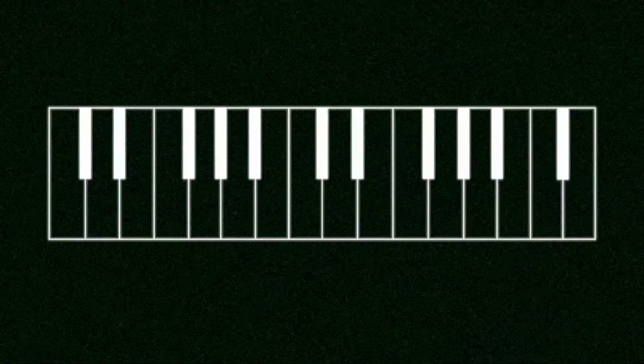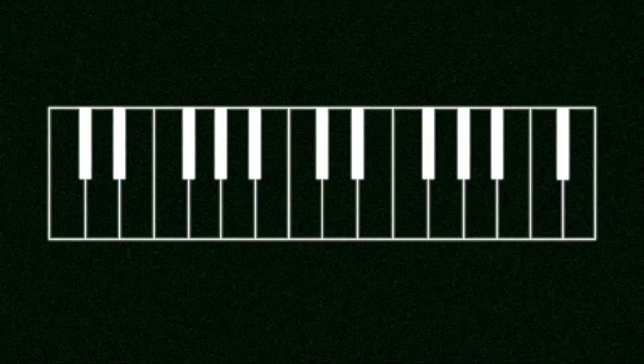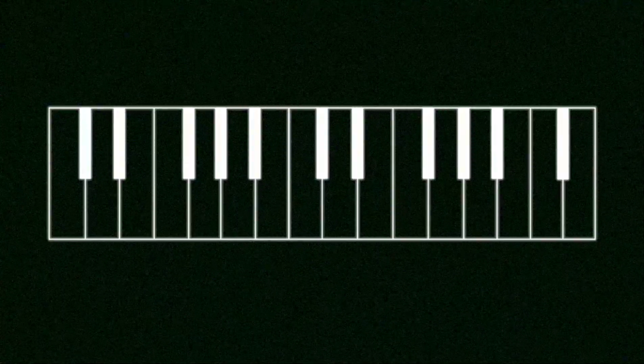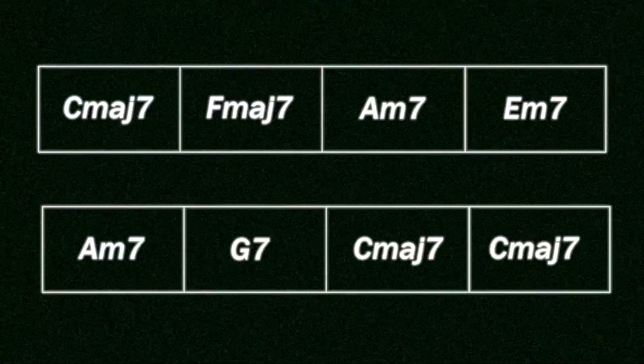Now we know what a secondary dominant is, and how to use one when arranging. So, let's take a look at a chord progression and add secondary dominants to them.